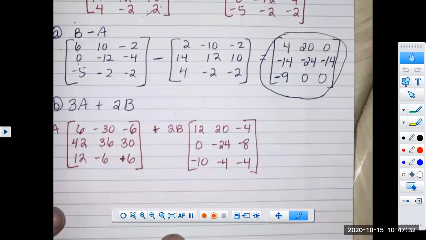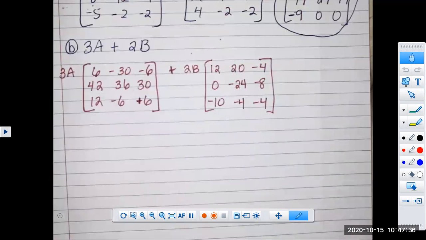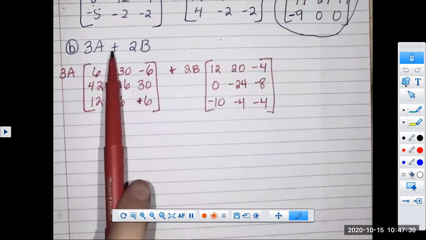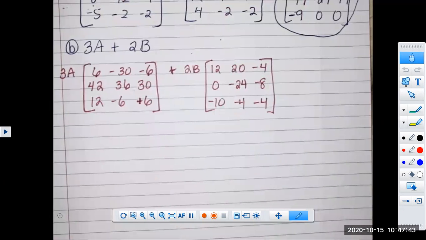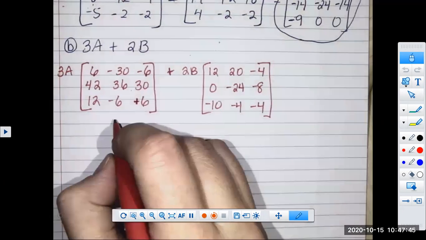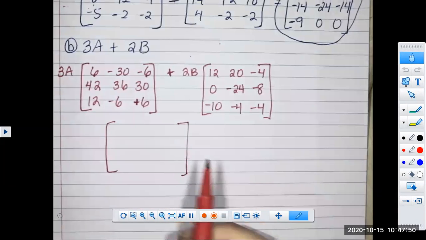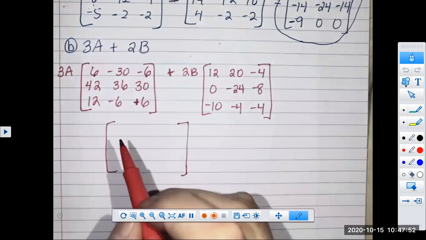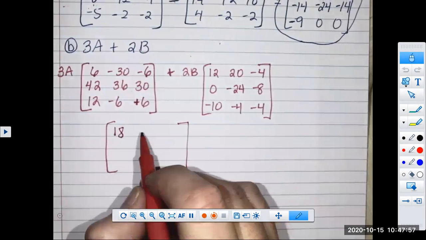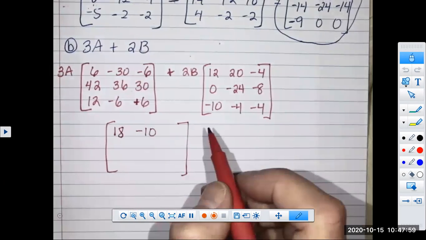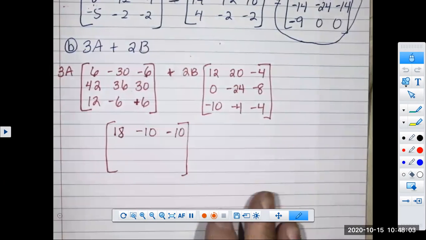Okay, so when you see a problem like this, follow your order of operations as you normally would, multiply before you add. So now that I've found out what 3A and 2B are, I can finally add corresponding elements. So this first row of numbers will be what? 18, -10, -10. -30 plus 20, -6 plus -4.